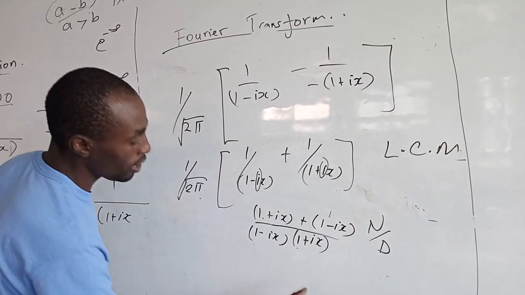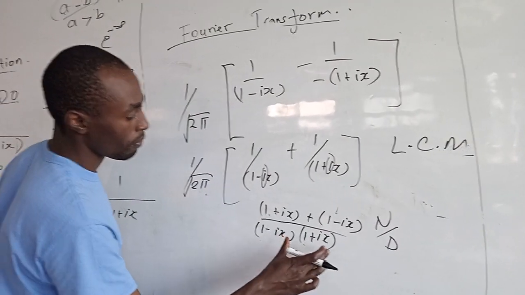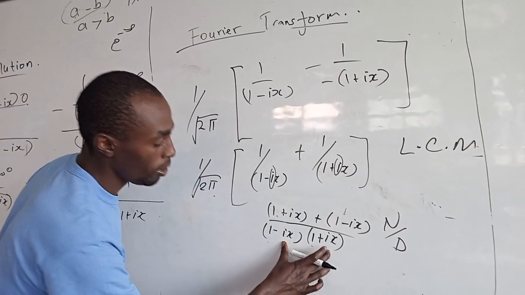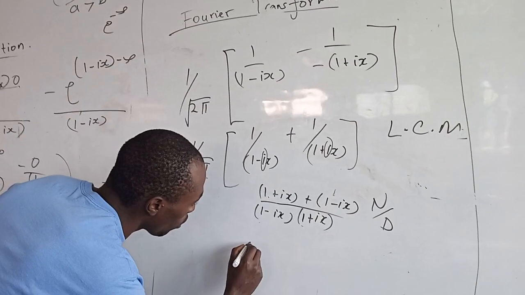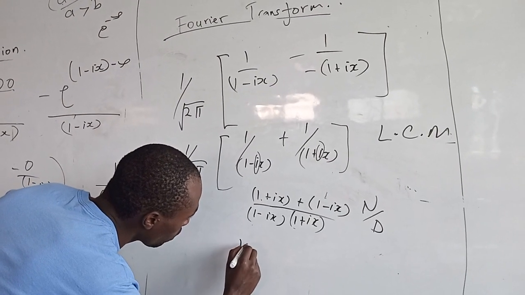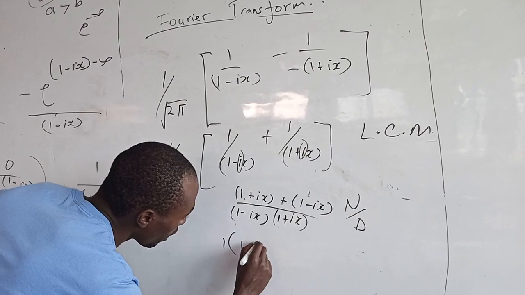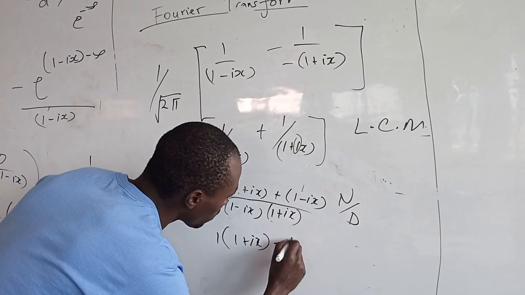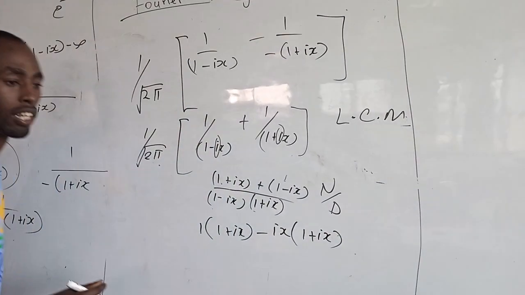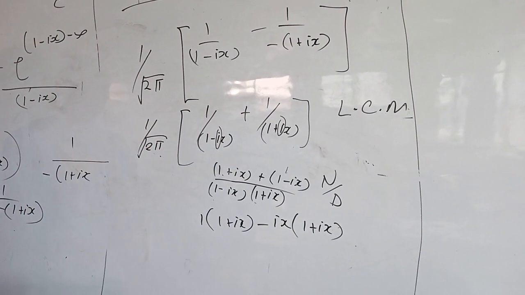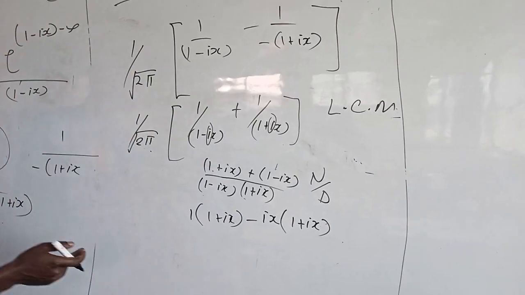We want to eliminate the imaginary from the denominator. So we open the bracket of the denominator: 1 plus ix minus ix times 1 plus ix. For those who don't know how we do it, I don't want to go straight to the answer.